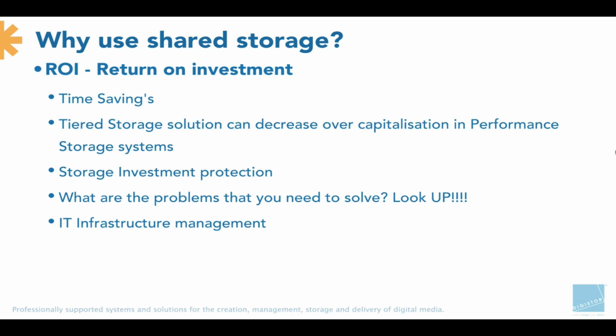When we look at return on investment, we also look at how do we effectively use a tiered storage solution. And what I mean by a tiered storage solution is it's not 100% all performance disk or performance storage. It may be a tiered storage whereby you have some slower spinning disks for your non-mission critical material, or perhaps some offsite backup, even lower tiered storage.